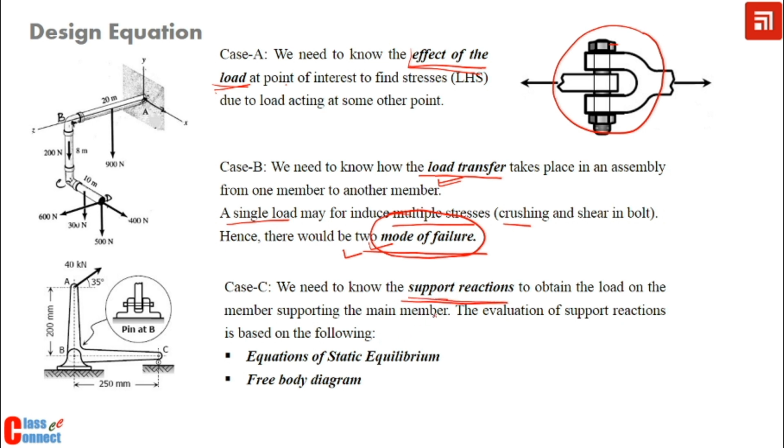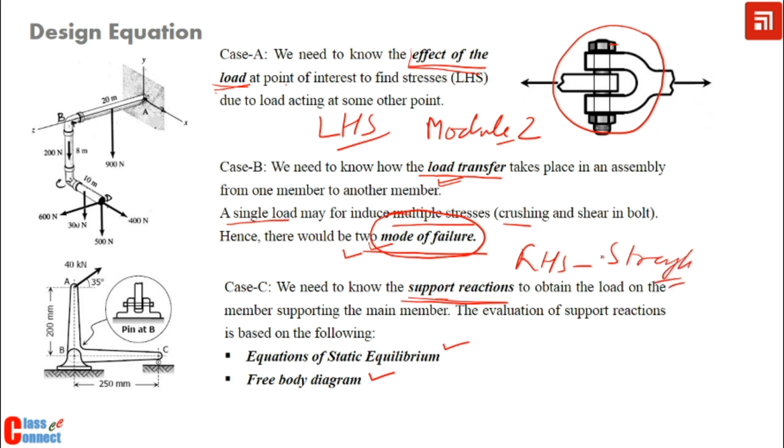And no doubt the support reaction is calculated using the equations of static equilibrium and free body diagram, that also we'll be discussing in the next module. So these three left hand side related terms we'll be discussing in module 2, and the right hand side portion, that is the calculation of strength, we will be discussing in the next session.